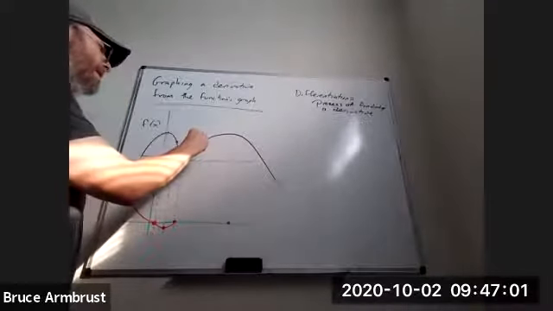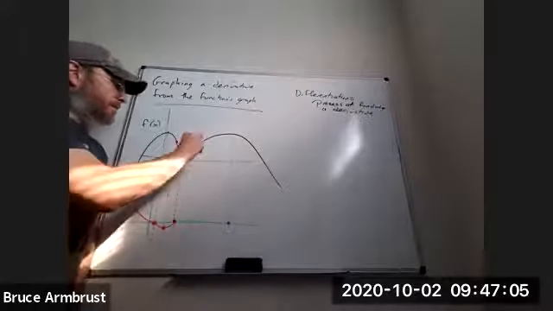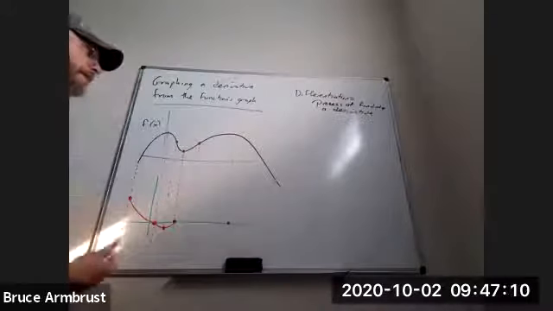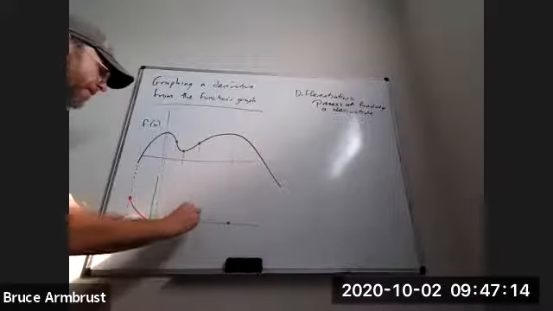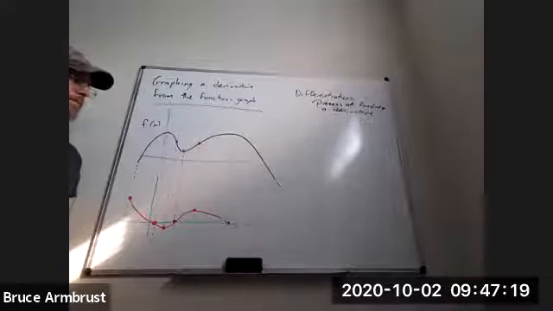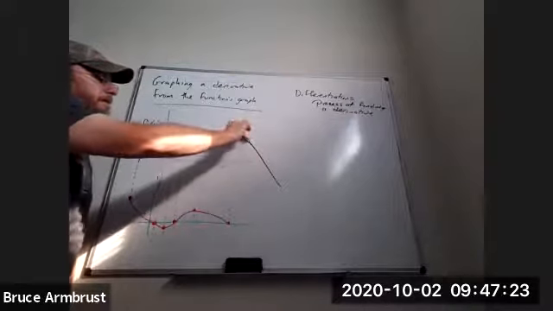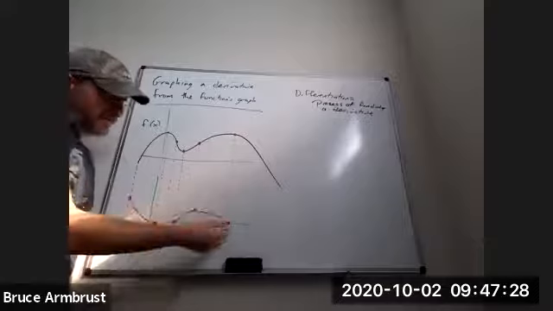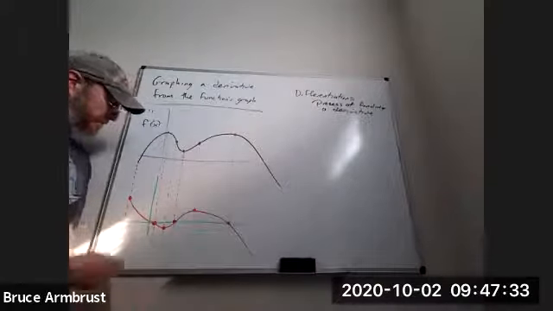So again, I don't know exactly where it is, but it's probably like right about there. So let's mark that again, kind of important. And that's going to be the greatest slope. So we'll have some slope value there, and it does something like this. And then once we get past this peak, notice that we just start going down, and it gets steeper and steeper and steeper. That means our slope needs to be more and more negative. So it does something like that.